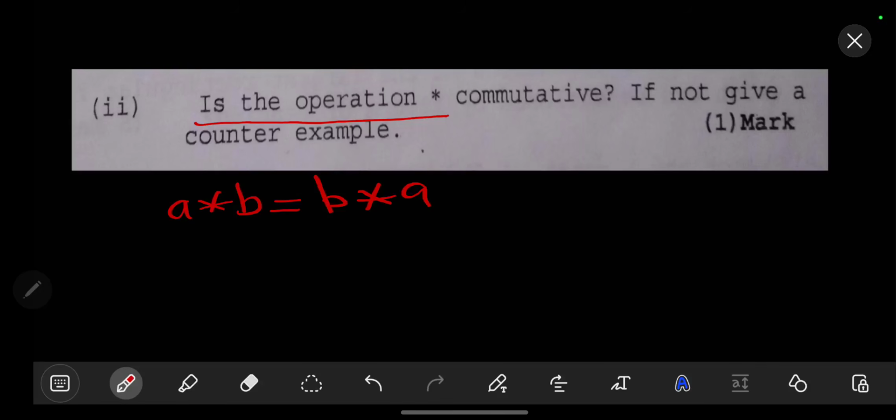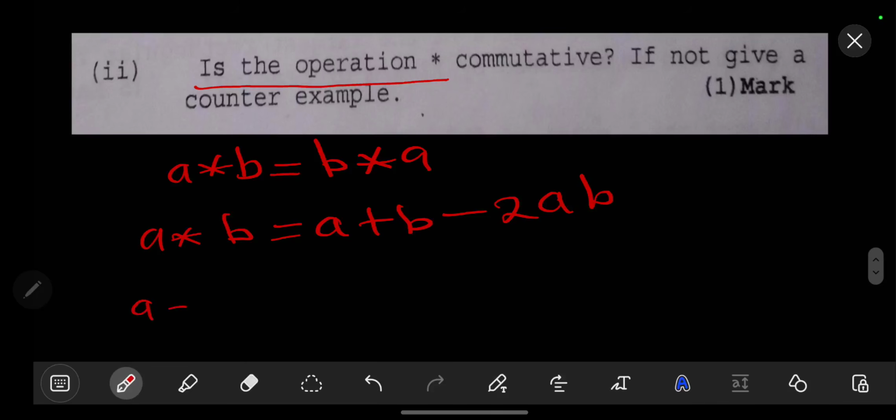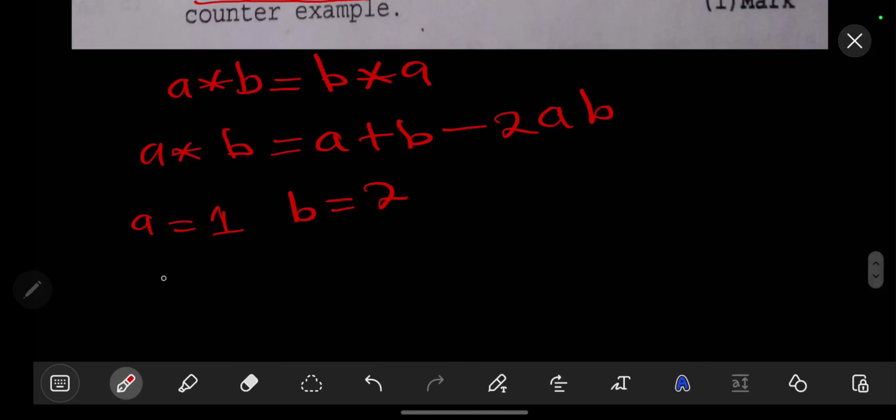Firstly, you can find your a star b, which is a plus b, then minus 2ab. Let's say our a is equal to 1 and our b is equal to 2. Remember, using 1 star 2, we found this value: when we substitute there, we found negative 1.